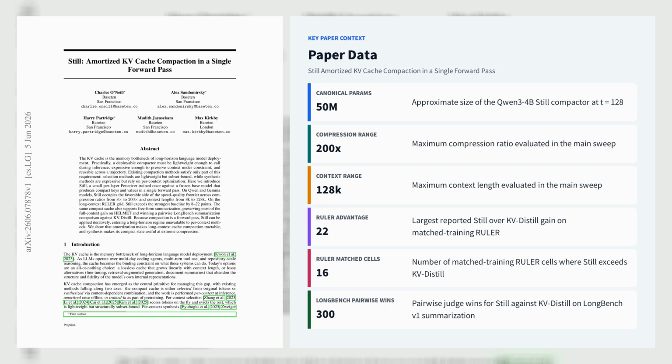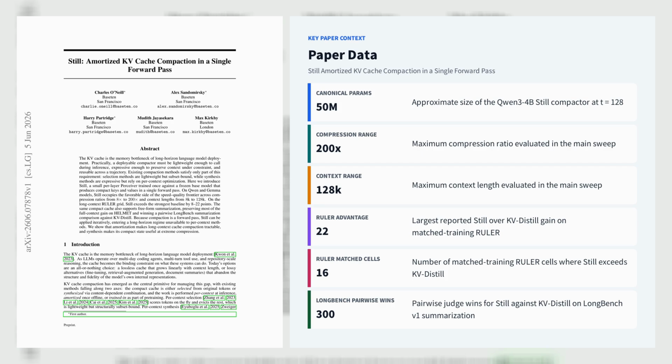On Qwen 3 4B, the canonical compactor uses 256 latent slots and about 50M parameters, roughly 1% of the base model. And the paper evaluates compression ratios from 8 times to 200 times over 8K to 128K contexts. STILL stays on the favorable side of the speed-quality frontier.